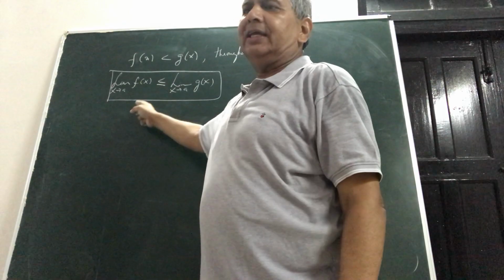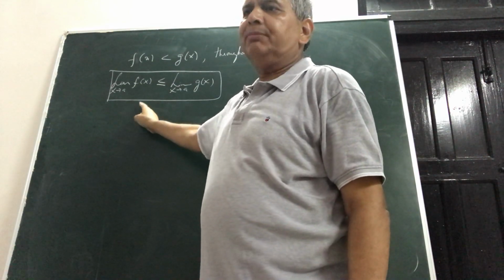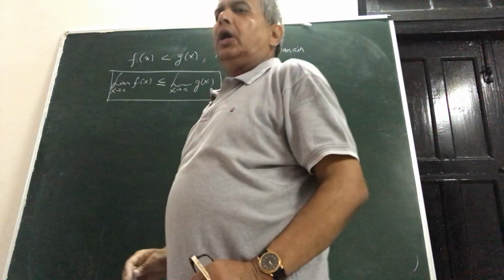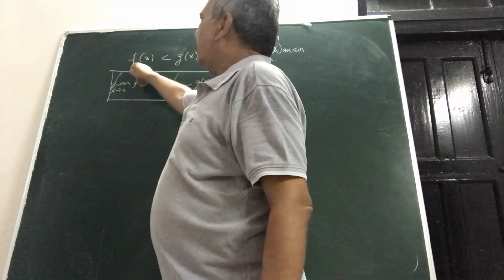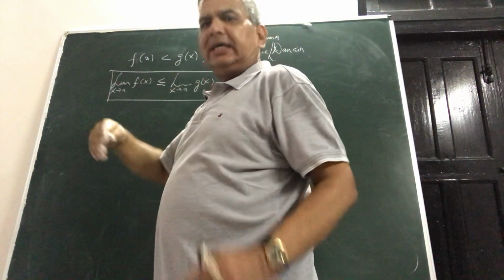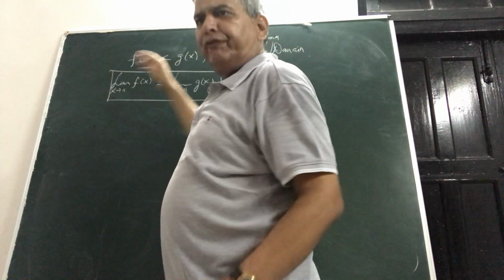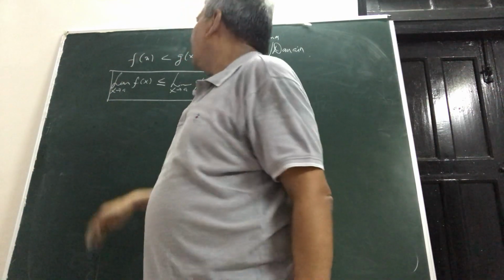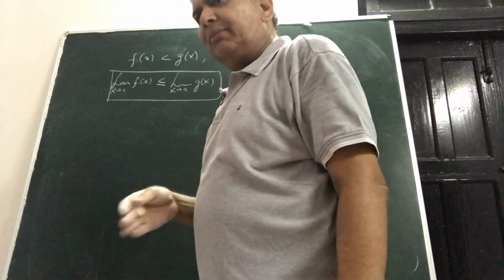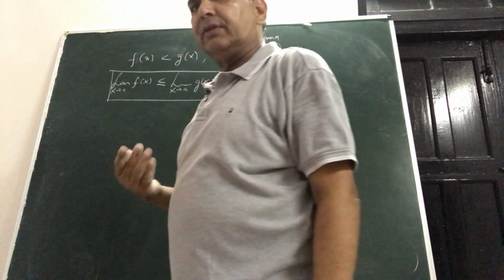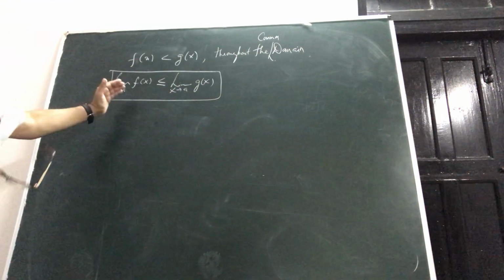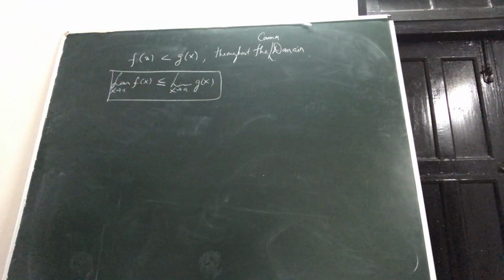So this is basically one part of it, because if a given function is embedded between two functions, say f1(x) and f2(x), and the limits of both are equal, then obviously the function embedded between them, by virtue of these inequalities, will also have the same limit as that of either function. So let us see how we can prove it.